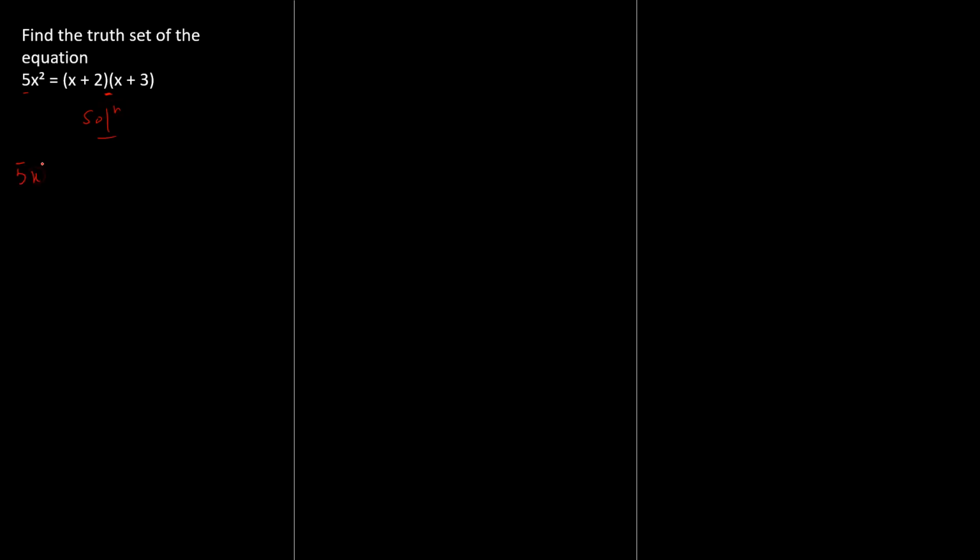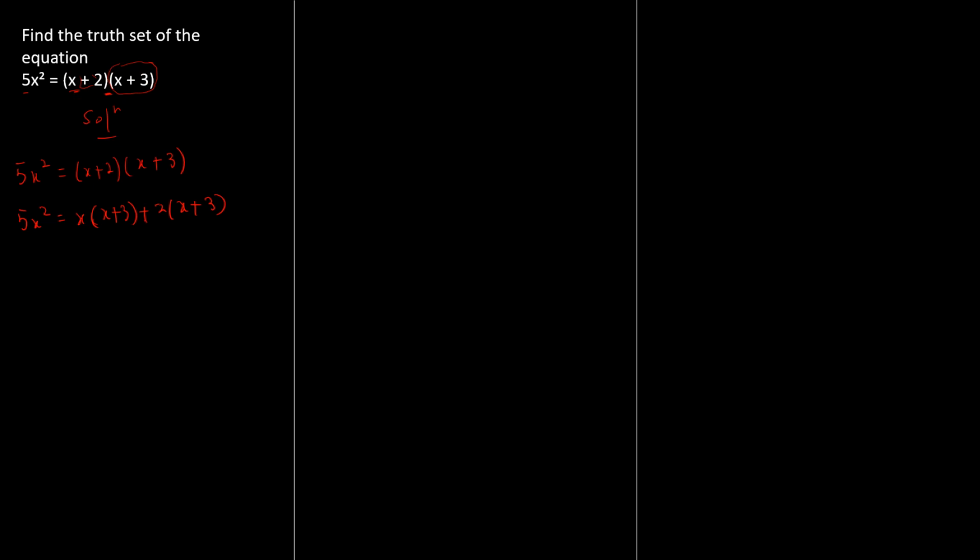5x squared is equal to (x plus 2) multiplying (x plus 3), okay? So 5x squared is equal to x times (x plus 3) plus 2 times (x plus 3). What I'm doing here is taking this x and multiplying it by the whole of this, bringing my plus sign, and then taking the 2 and multiplying it by the whole of that as well.